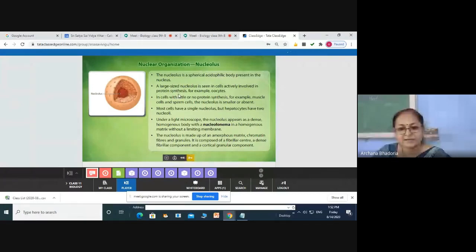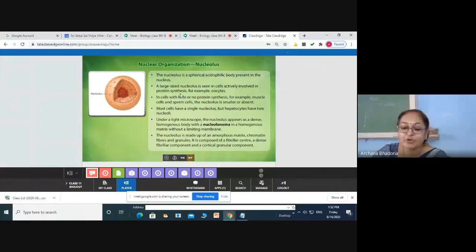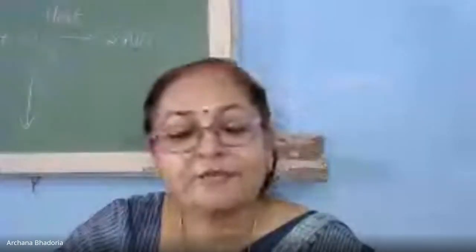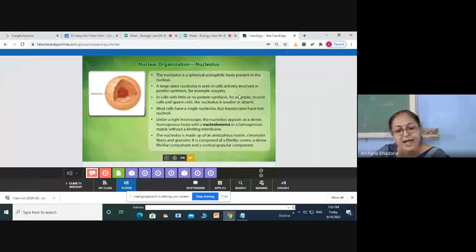Noted, children? So size will depend upon what? The size of the nucleolus will depend upon its activity. If the cell is very active in protein synthesis, it will have a large nucleolus. And if the cells are not active in protein synthesis, you'll find the nucleolus will be small.